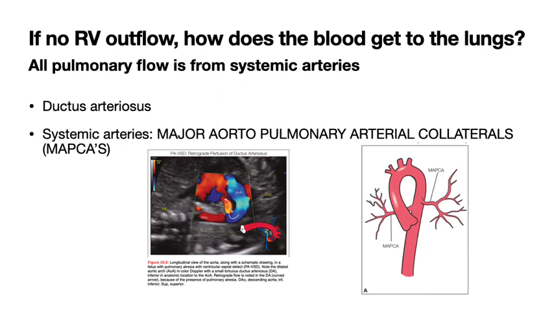So you've got a connection between the aorta and the lungs by way of these collaterals. And the way you'll see it on ultrasound there is just like the color picture shows, which is some vessel coming off the descending aorta and going right back to the lungs.